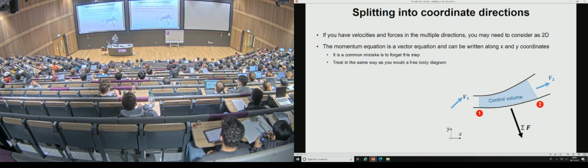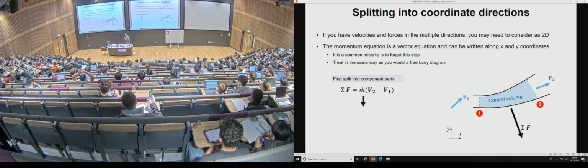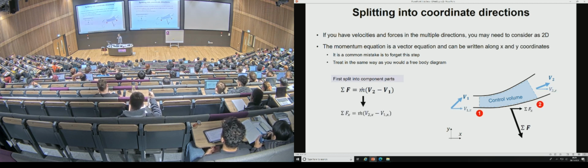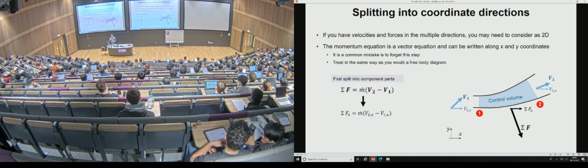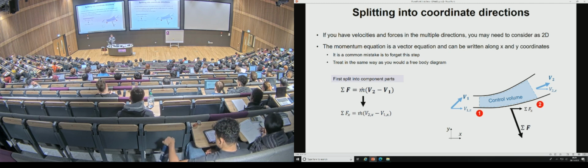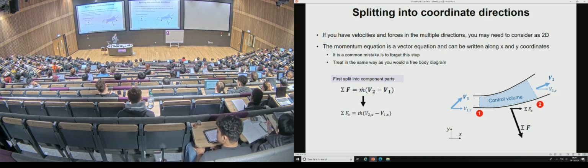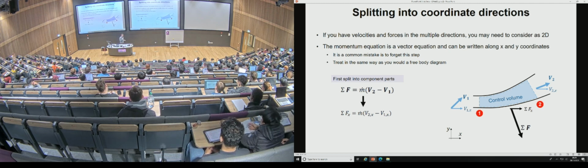So you have a situation now where the forces and the velocities are not acting in the same direction. They can be in any arbitrary direction in the plane. You have to first split them into their component parts. Generally, bold font is used for a vector. It's not always consistent, so be wary of that. But when you're using a component, try to use a subscript of the coordinate direction, x or y.